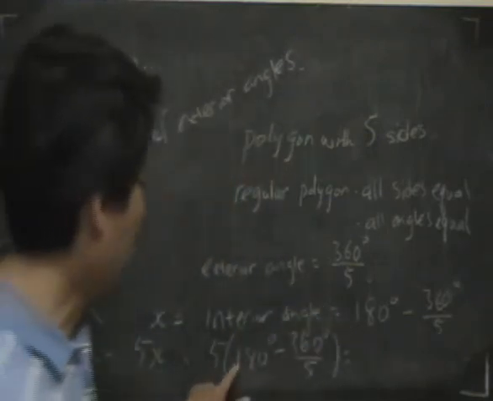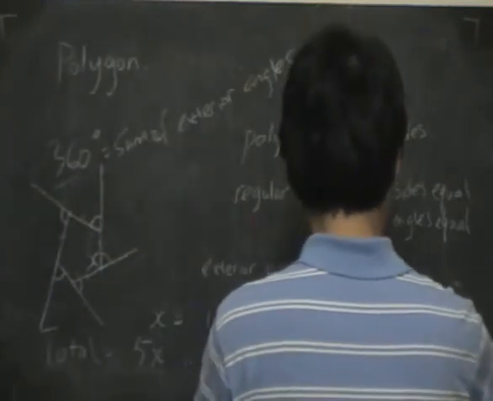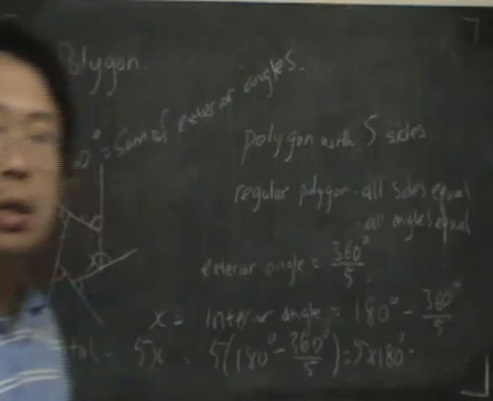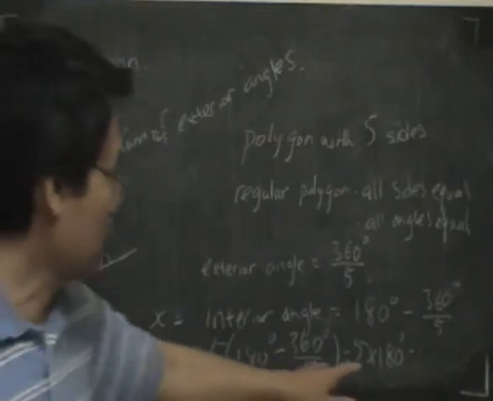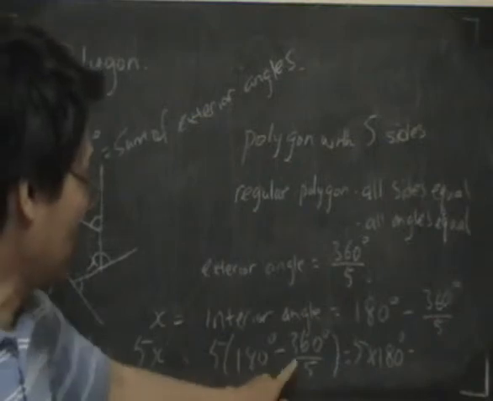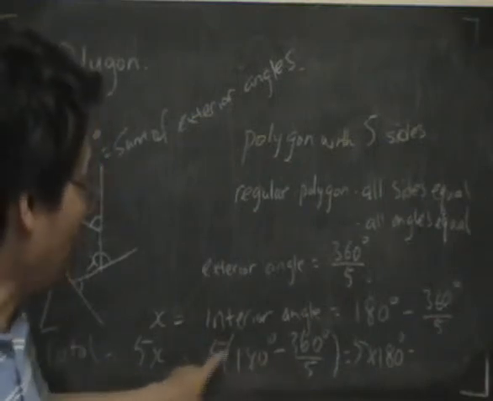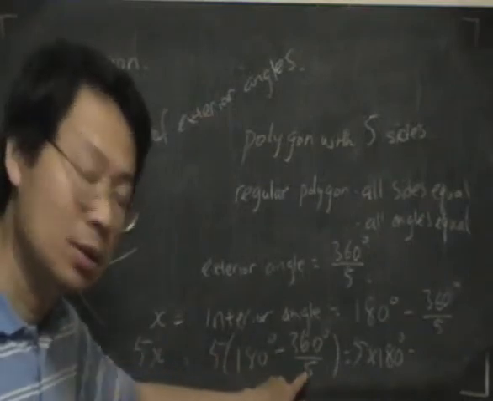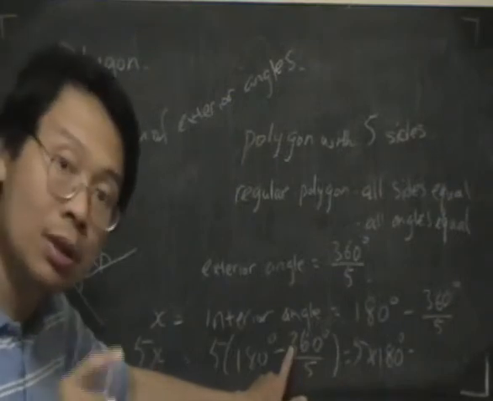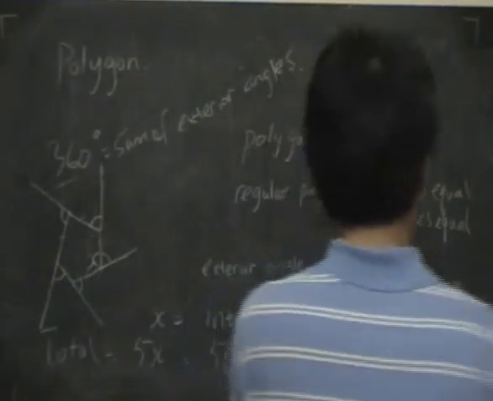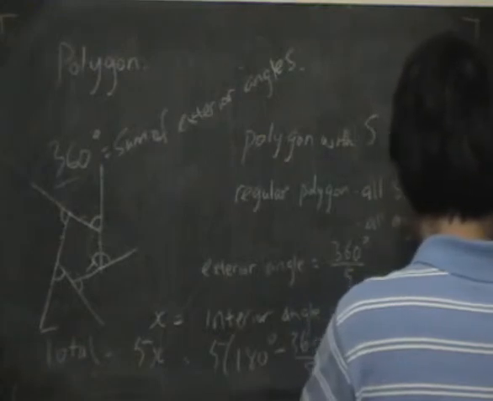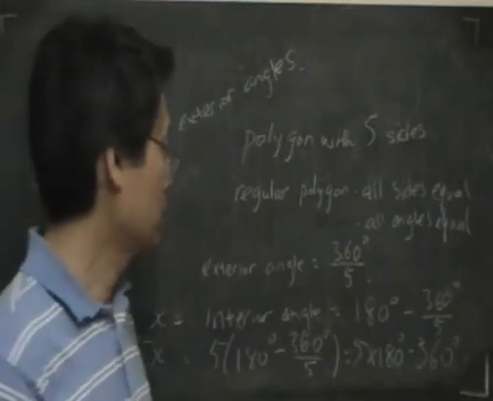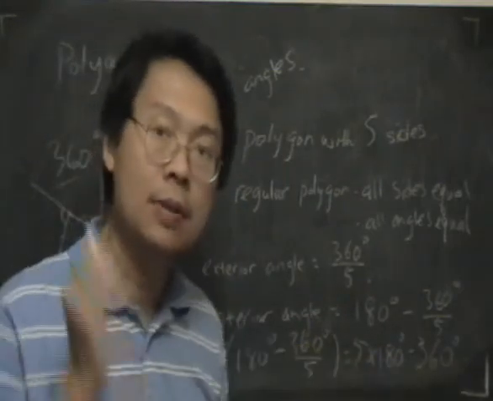So we have 5 times 180 minus 5 times that. Now when you multiply 5 by that, 5 will cancel with the 5 in the denominator, so that you're left with 360 degrees. So that's our formula: 5 times 180 minus 360.